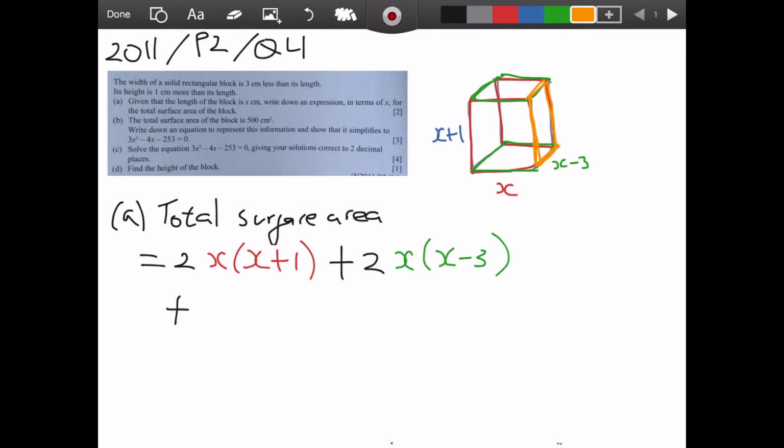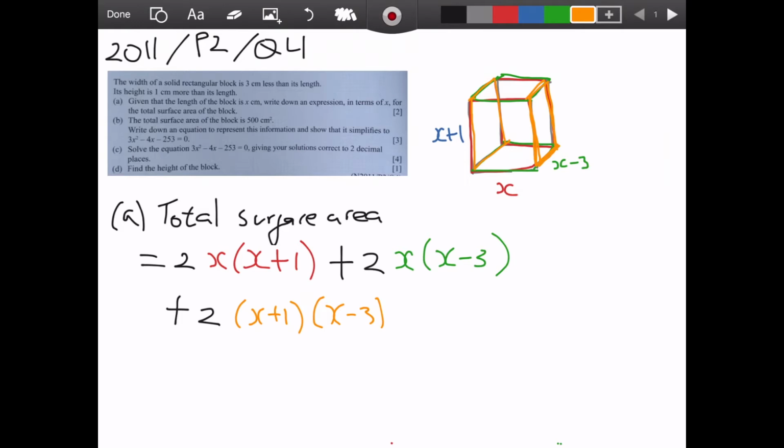So plus 2. Again, there are two sides with this. So it's 2 multiplied by x plus 1 multiplied by x minus 3, right?